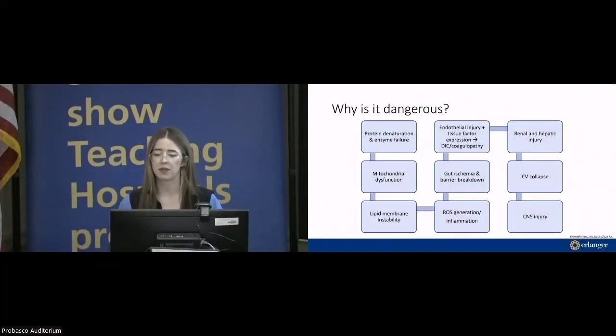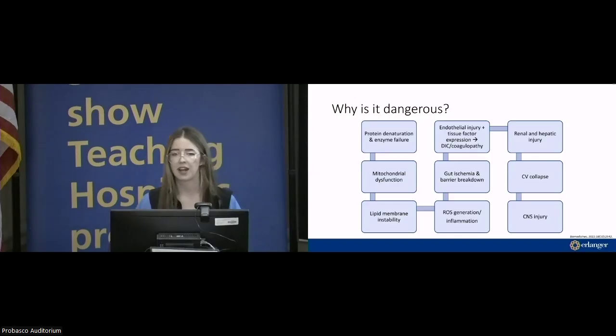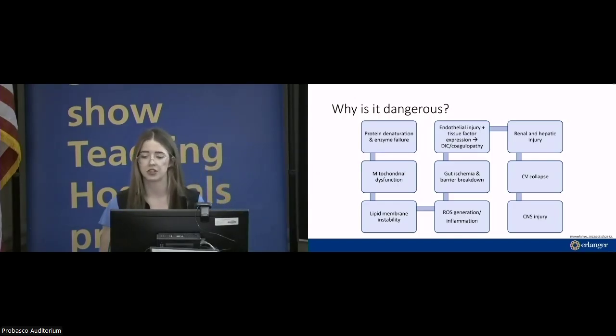Hyperthermia becomes life-threatening largely because of the cellular and systemic consequences of an elevated temperature. Protein denaturation and enzymatic dysfunction occur at temperatures approaching 105 degrees Fahrenheit. You can have mitochondrial dysfunction and oxidative stress, which contribute to cellular injury and multi-organ failure.